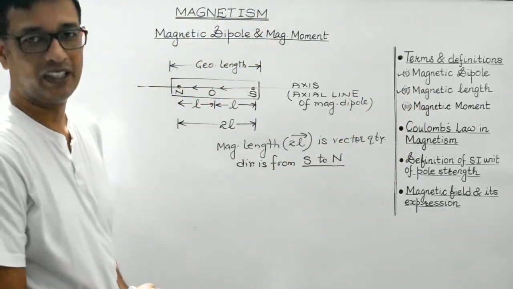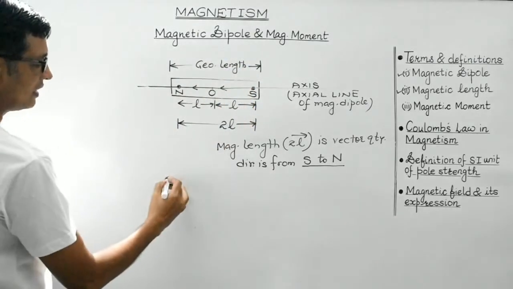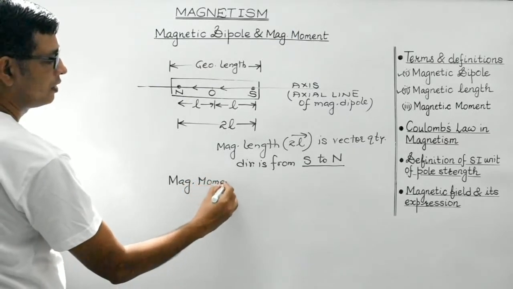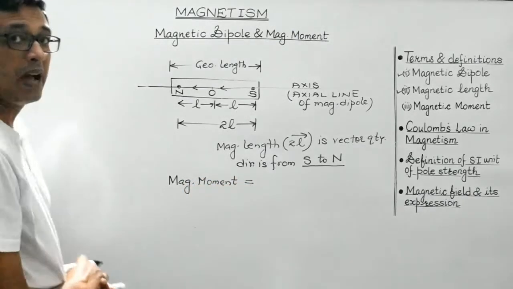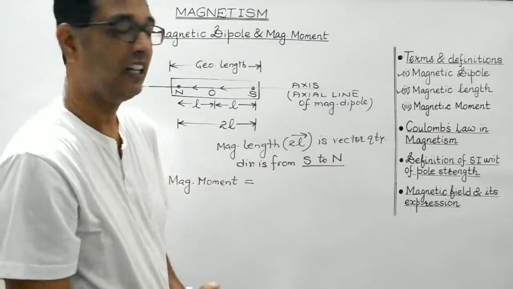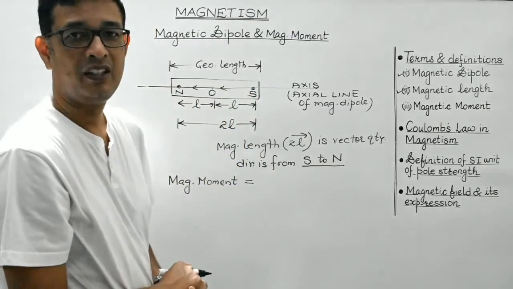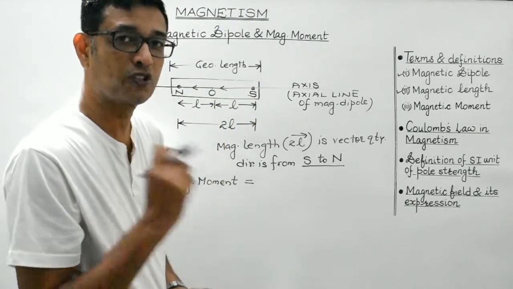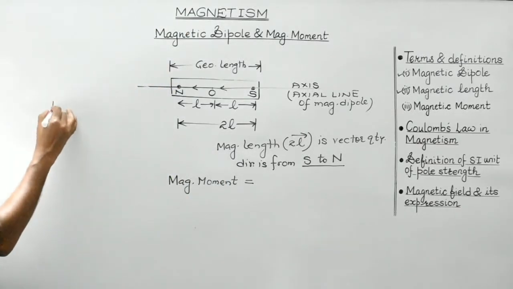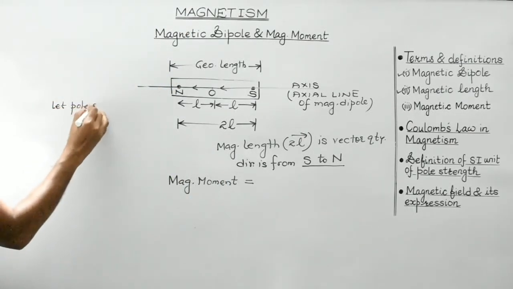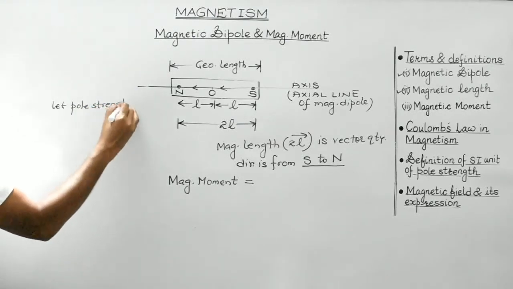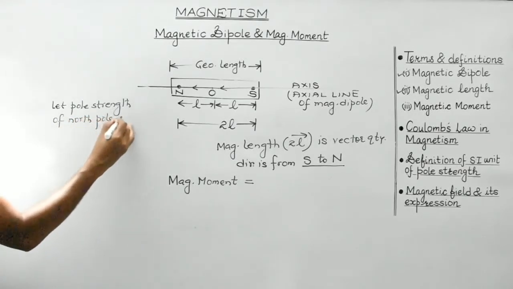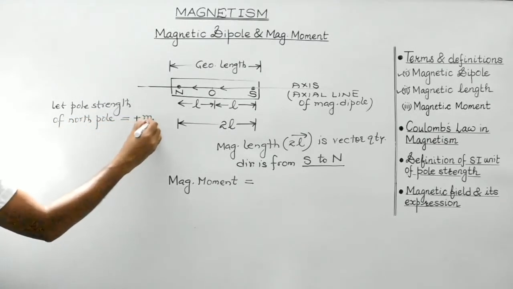Now, magnetic moment. The magnetic moment of a bar magnet is defined as the product of the magnitude of either of the pole strengths and the distance between them. Now, students, as I have told you, these are the two poles having equal and opposite pole strengths. Suppose, let the pole strength of the north pole of the bar magnet be denoted by plus m.